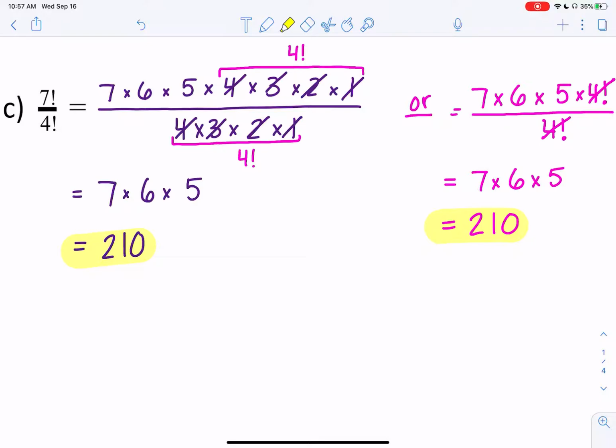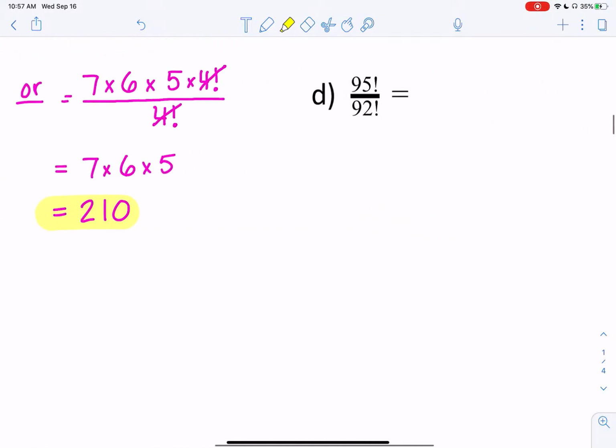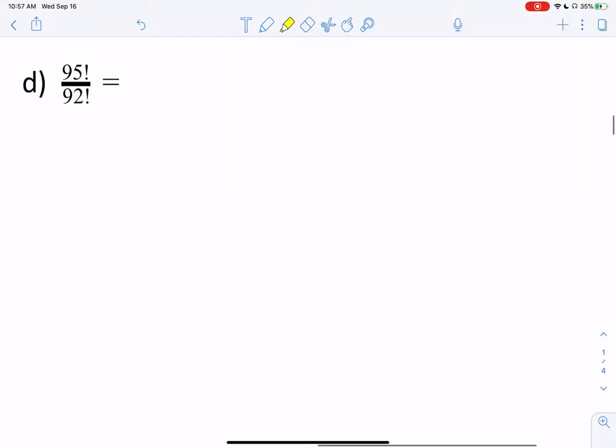So that brings us to our next example, where we have 95 factorial divided by 92 factorial. Now, we need to start by expanding these factorials, and I definitely do not want to write 95 factorial expanded all the way down to 1. I don't have enough room on my page. It would take up way too much space.